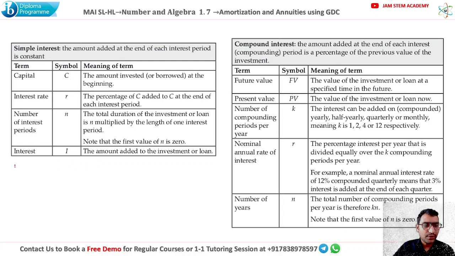So as we know, the final amount is given by the capital that you have, C, plus the simple interest, which is given by capital times rate of interest multiplied by time divided by 100.